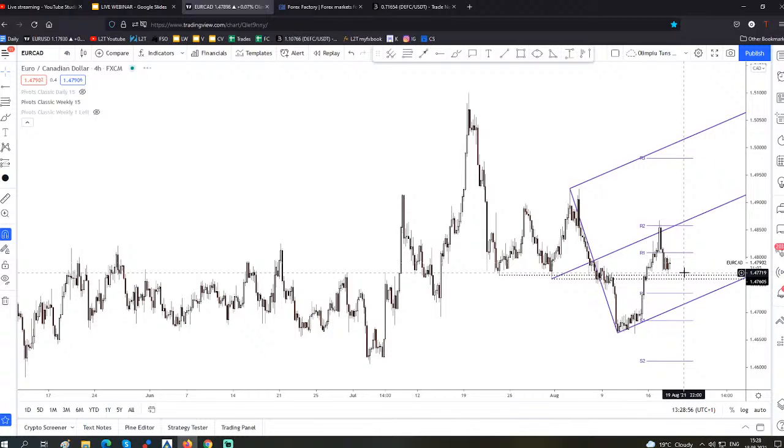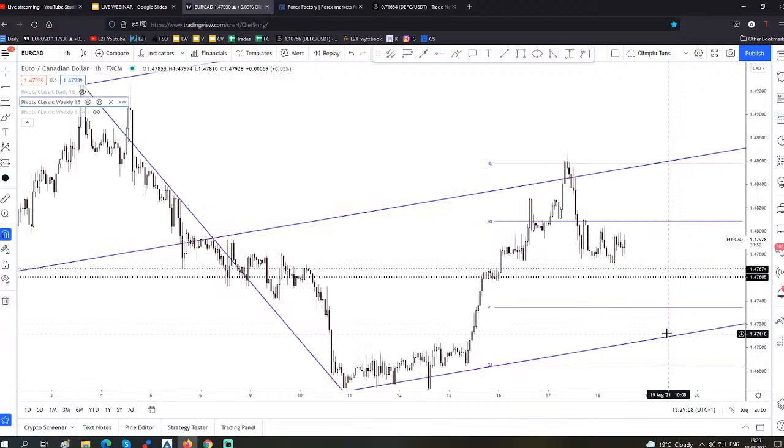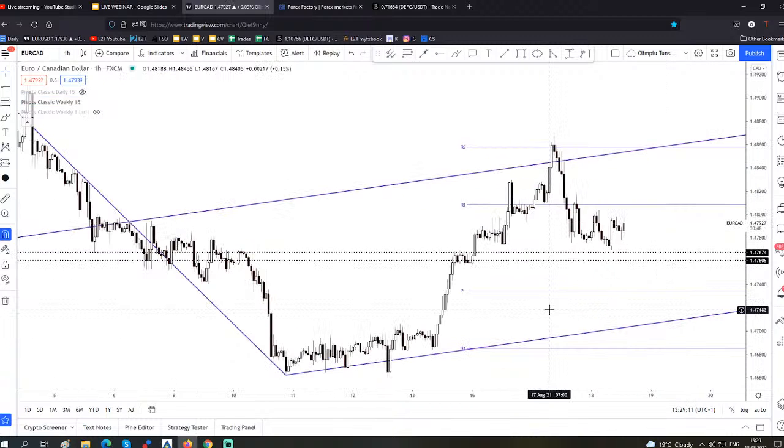Let's take a look on the 1 hour to see if we can identify something. Unfortunately today we didn't have too many trading opinions in the short term, but definitely later today maybe we'll come back with at least a trading opinion for the VIP members.